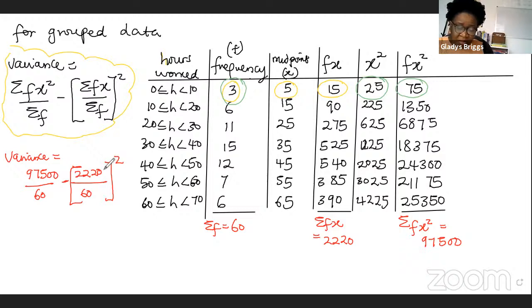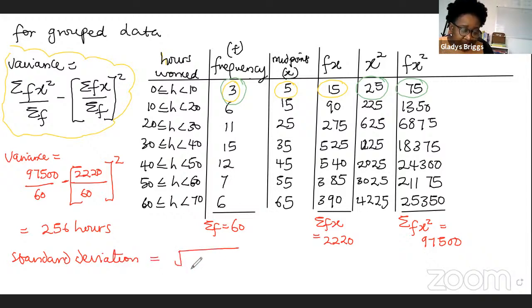Yeah, and that should give you 256 hours. And the standard deviation is the square root of the variance. So whatever you get as your variance, you have to square root it. And that should give you 16 hours.